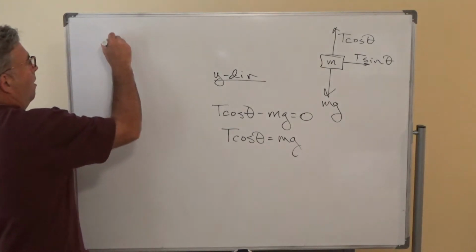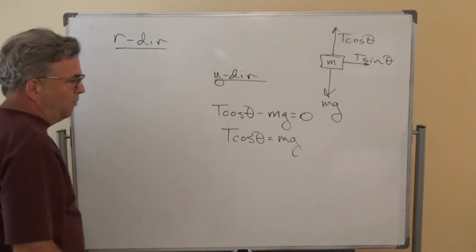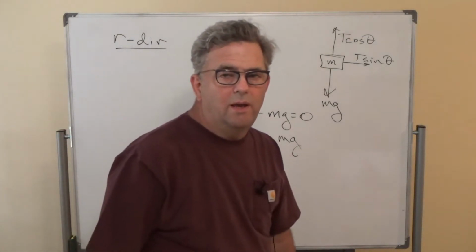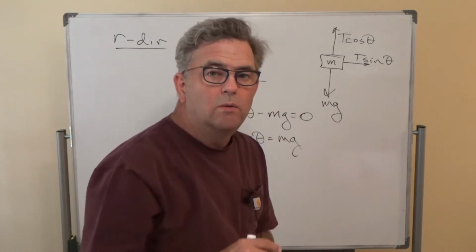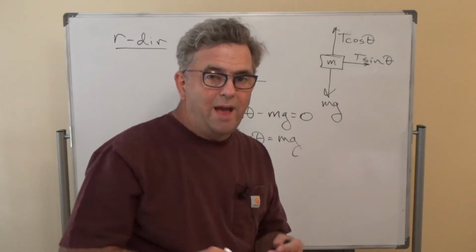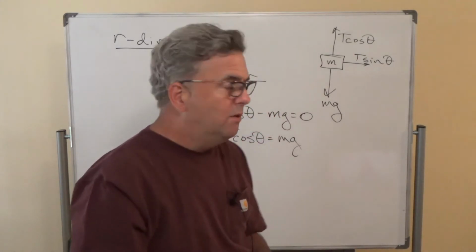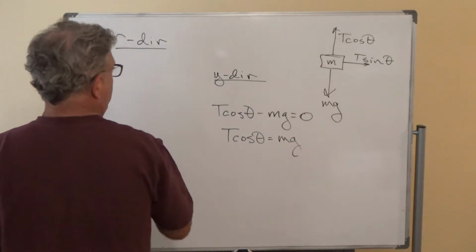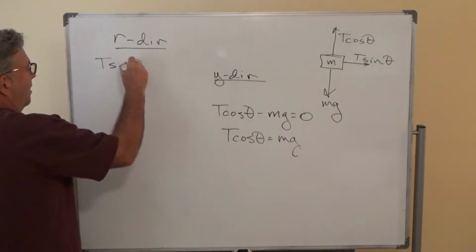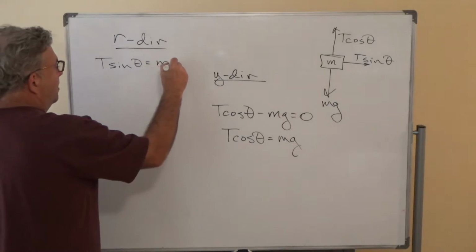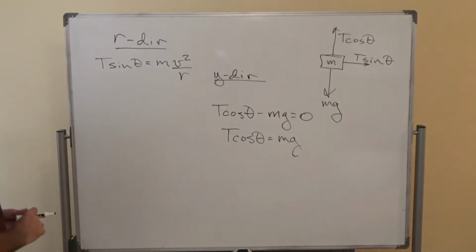So in the r direction, I'll call that the radial direction, okay? If I'm looking down on this object going in a circle, the radius of that circle that it makes, I'm calling that the radial direction. So in the r direction, the force is equal to T sine theta, and that equals mv squared over r.